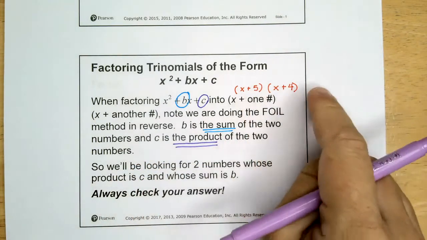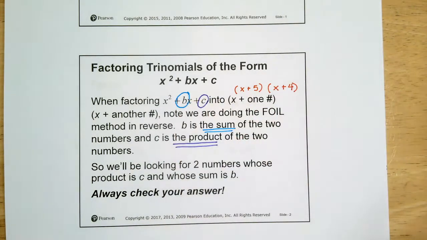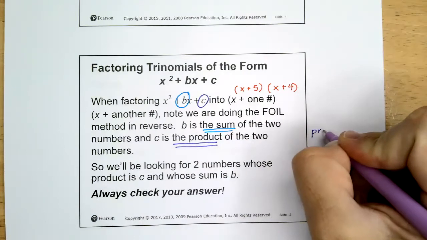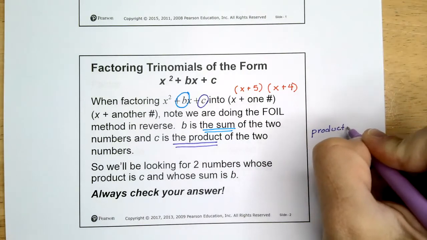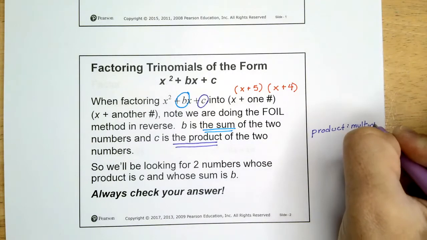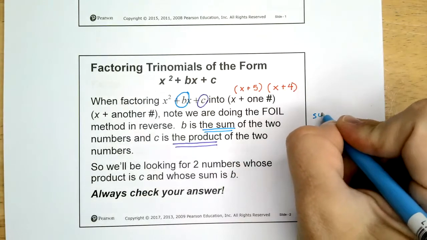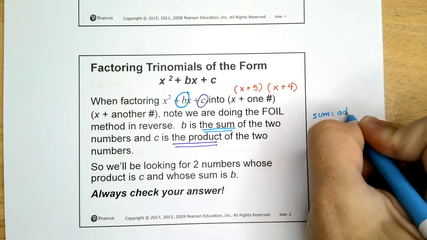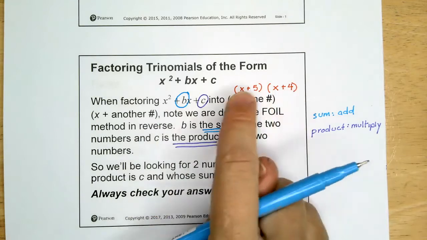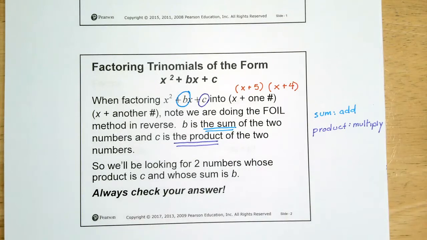So if I multiply 5 and 4, I should get C. If I add 5 and 4, I should get B, because sum is add, product is multiply. The product is C, the sum is B.